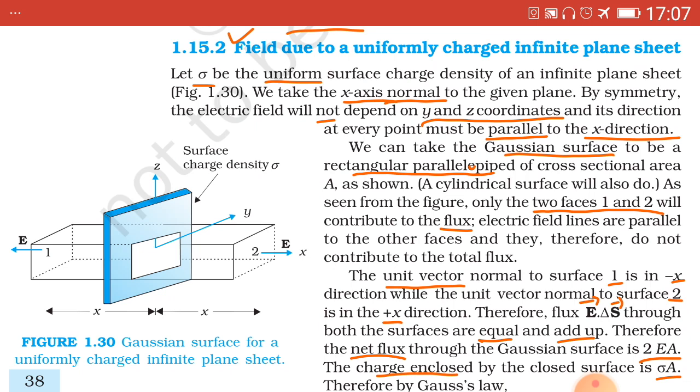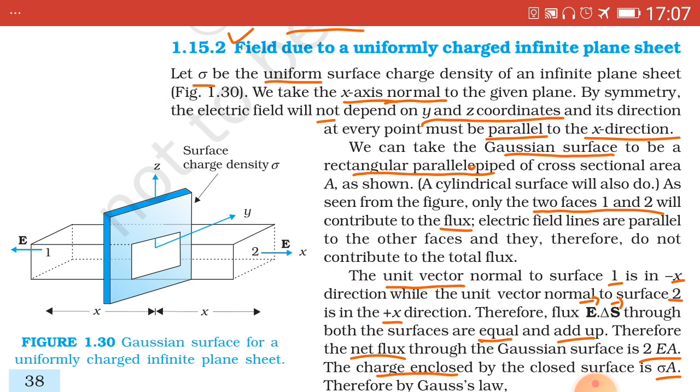The next point is that the unit vector normal to surface 1 is in the negative x direction and the unit vector normal to surface 2 is in the positive x direction. Hence the electric flux, vector E dot vector delta S, is equal through both the surfaces and hence they will add up.